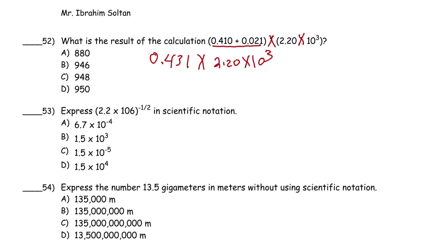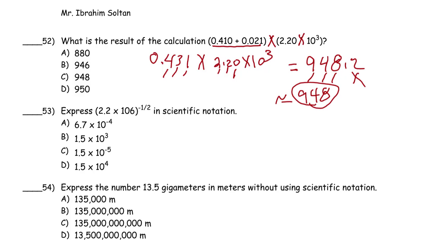We deal with significant figures: 1, 2, 3, 1, 2, 3. So the answer must have 3 significant figures. Use your calculator, you will reach 948.2. So 1, 2, 3, we will cancel the 0.2. So the answer will be 948. The answer is letter C.